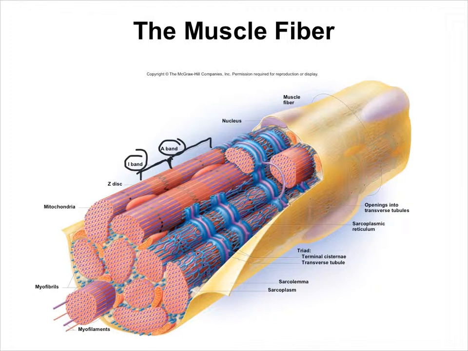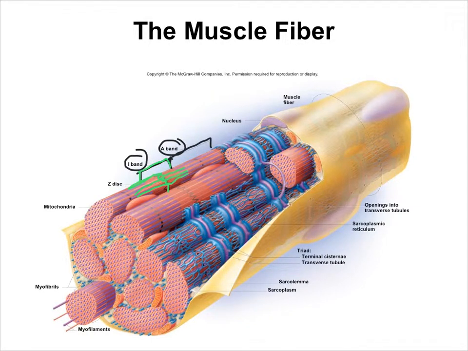And note that the A band will always be in between two Z discs. So it will always be within one sarcomere. And the I band will always consist of a Z disc and the thin filaments going out from either side. So here we have our Z disc and the thin filaments going out from either side. And the I band is just the region where there are thin filaments but no thick filaments.